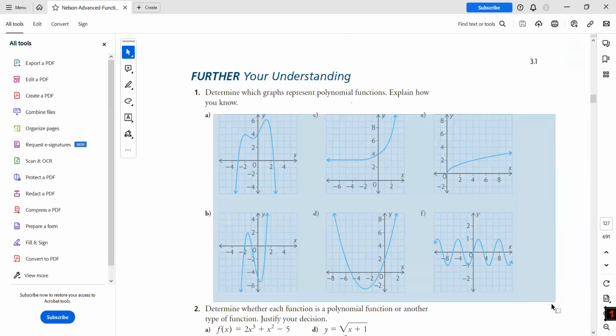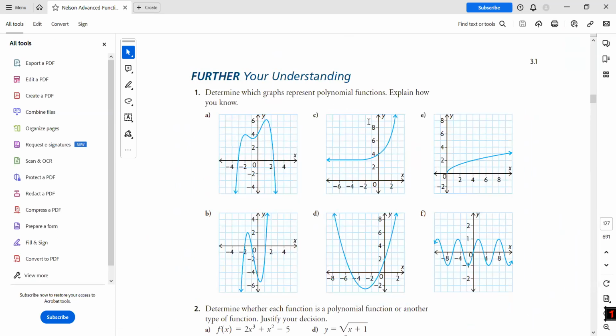Again, when you see a bunch of images and you're asked to determine which graph represents a polynomial function, because maybe you're going to have something similar in your test. So basically what you're looking into is that polynomial functions have either infinite range, or are limited from one side with an upper or lower boundary.